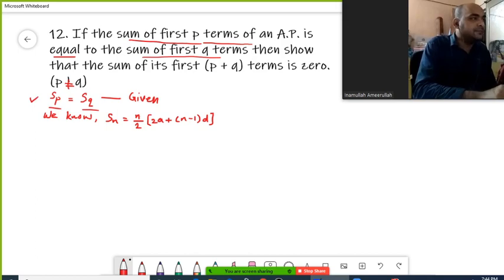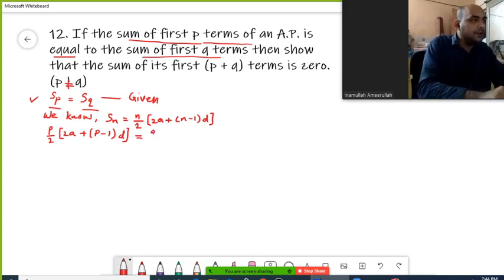So SP will become p by 2 into bracket 2a plus, instead of n, I'll take p minus 1 into d, is equal with SQ.